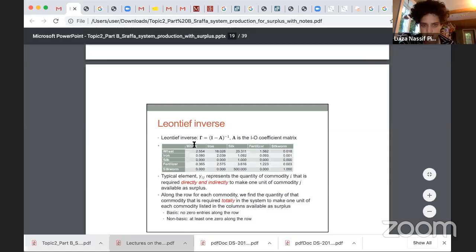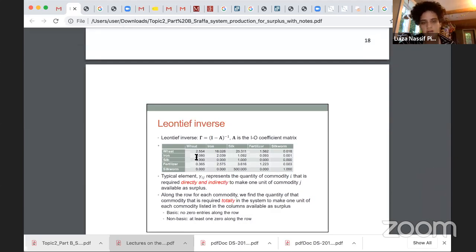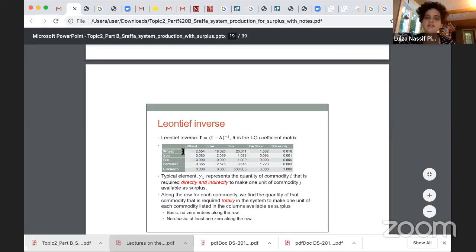So when you sum up this column, for example, you're going to be looking at the backward linkages, which you really read as when you increase the production of wheat by 1 unit. Well, actually, you can't add here because these are measured in different units still, right? But if this was an actual input-output table where everything is measured in prices and not quantity, this is still the quantity model, then you could look into the backward and forward linkages.